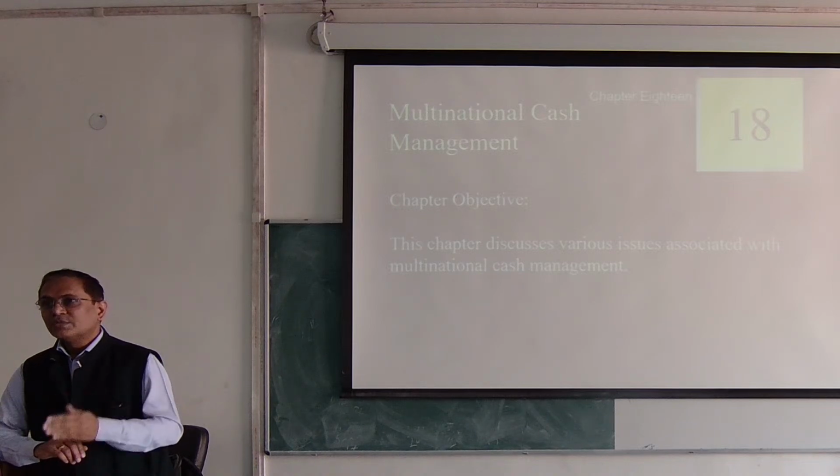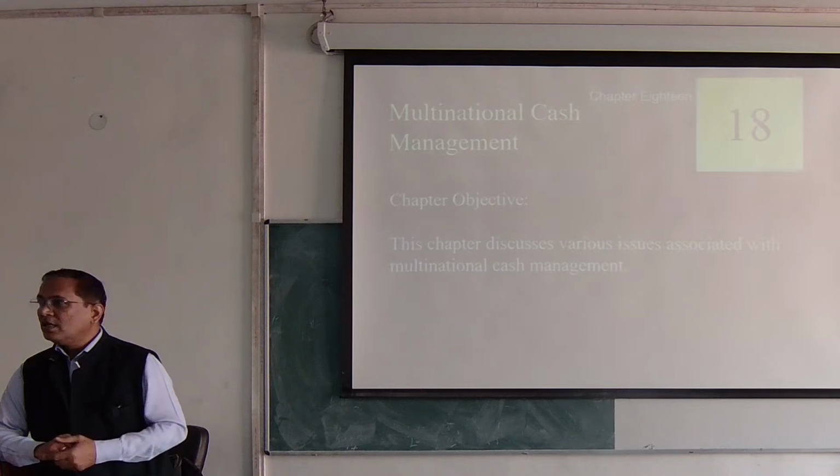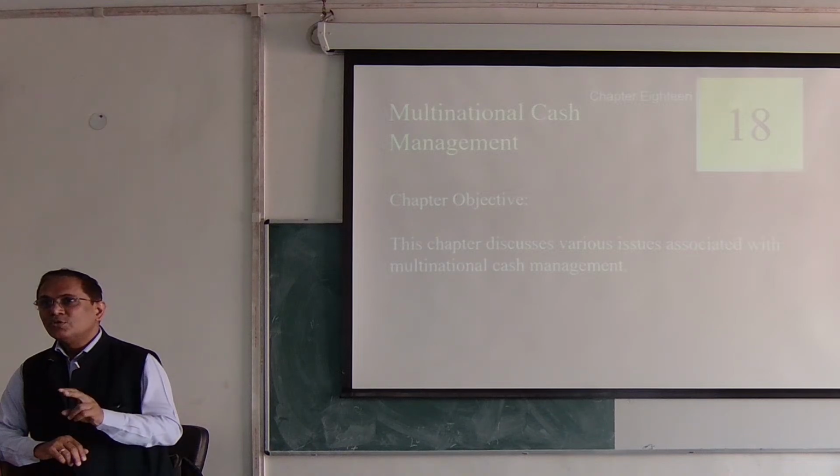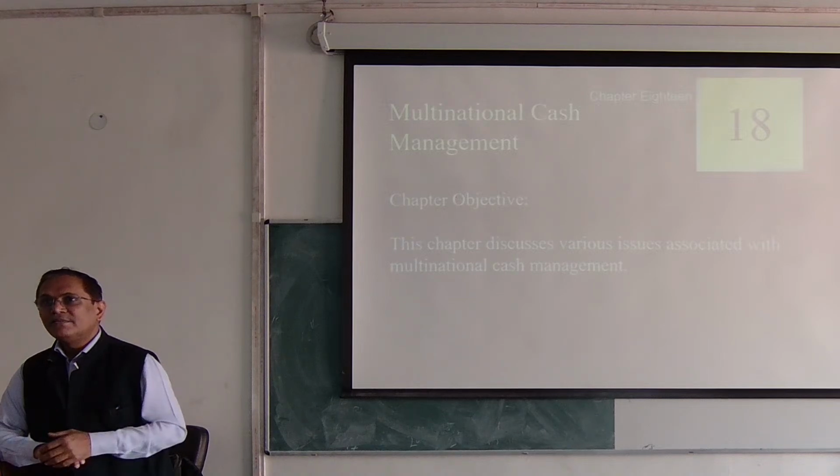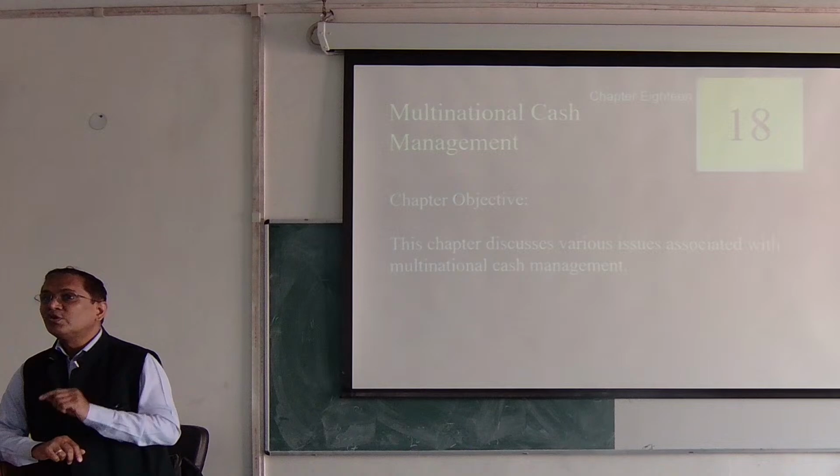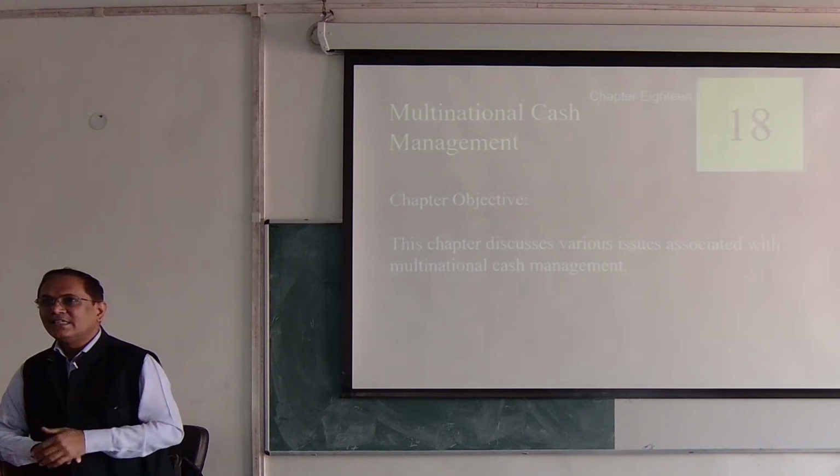Prior to that exposure, we discussed parity theorems, interest rate parity, purchasing power parity, how the price in two different economies for a particular currency will be decided. And it was even one of the ways to forecast the exchange rate, if everything is constant, everything is the same.